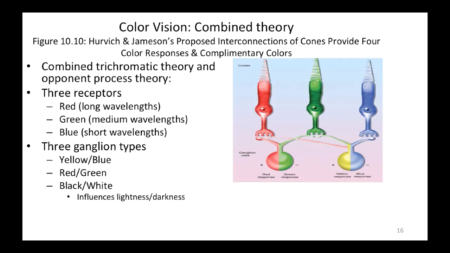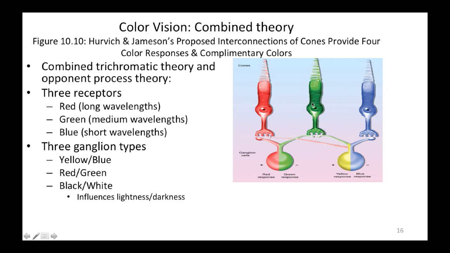So let's combine what we know then about color vision. If I'm looking at that red geranium, the red from the petals comes about because the petals are reflecting these long wavelengths of light. These long wavelengths of light activate a particular type of cone that specifically absorbs long wavelengths of light. The red geranium will not reflect the short wavelengths or the medium wavelengths.